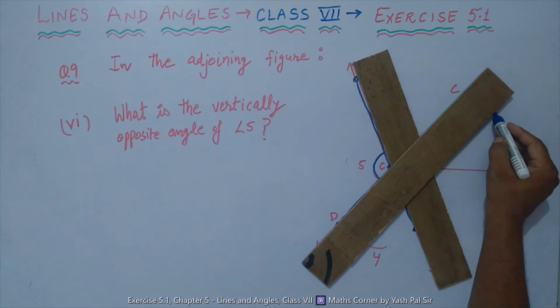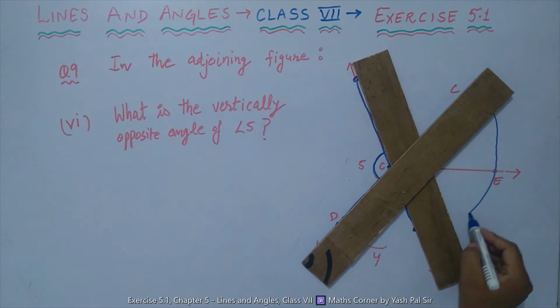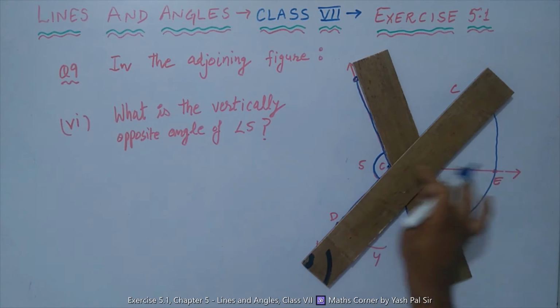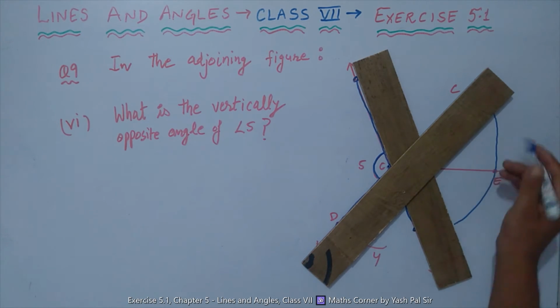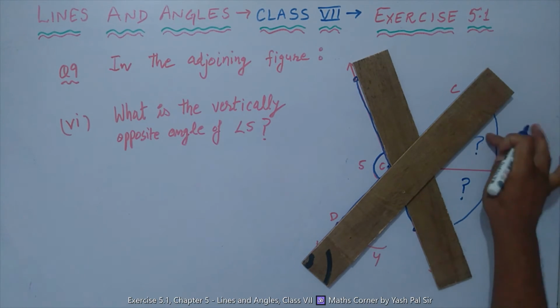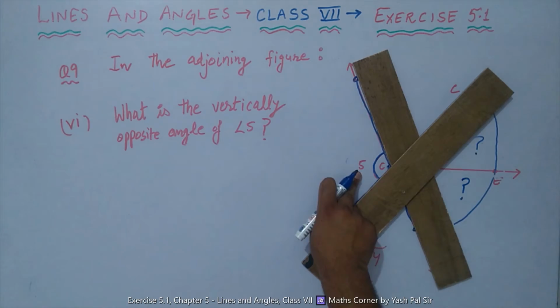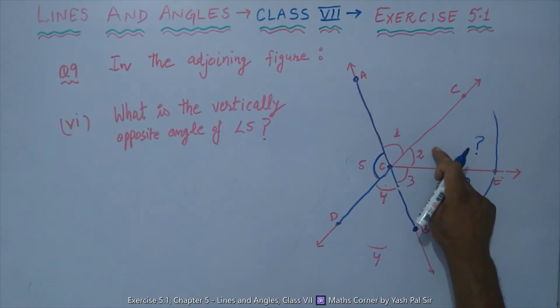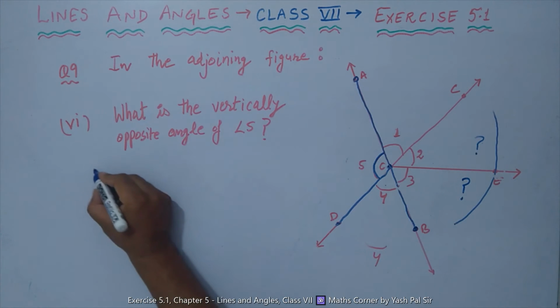So the cross section this way, this whole thing is called the vertically opposite angle of angle 5. So what is this and what is this? The sum of these two angles is the vertically opposite angle. So what are they? They are angle 2 and angle 3.